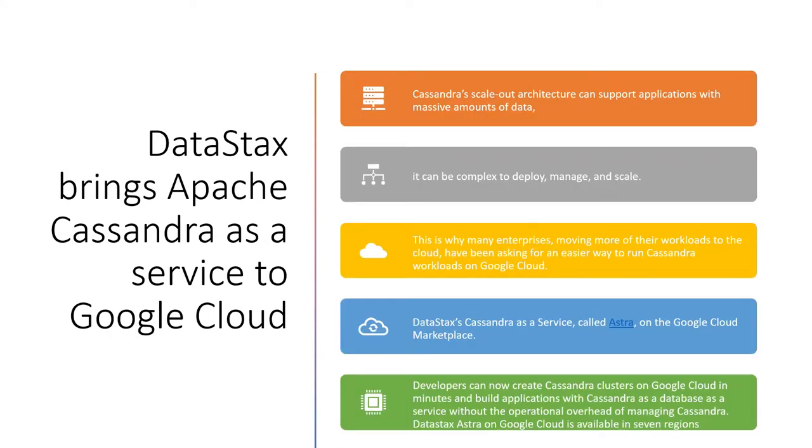The last in the series is from Google, which is Astra, DataStax's Cassandra as a service, because everything is on Google infrastructure. We hope, like any other Google service, this is going to be a big hit.